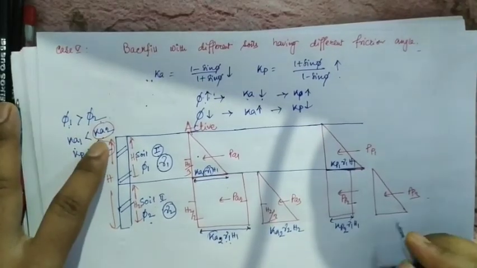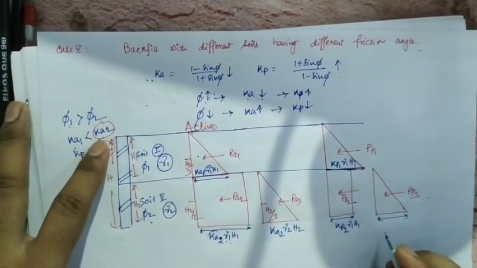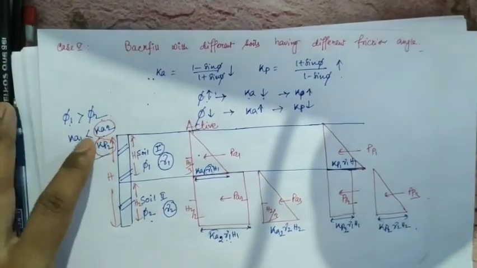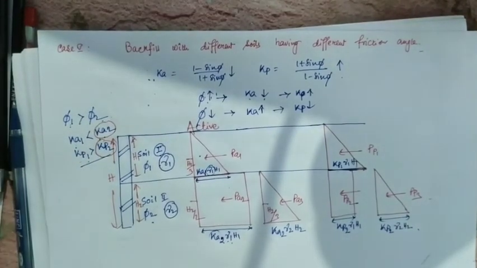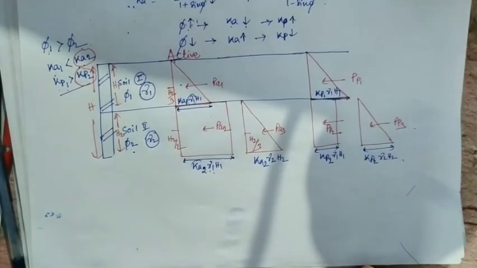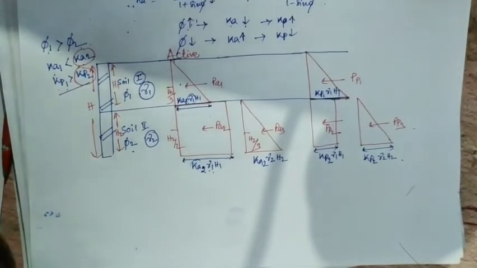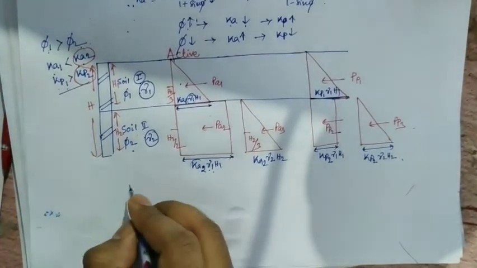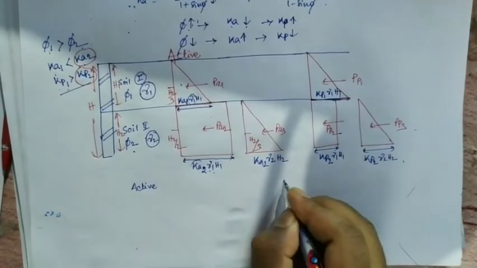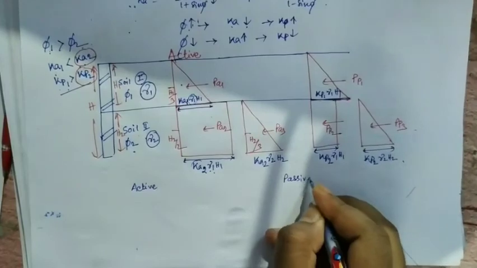Okay, and the last pressure will be Kp2 gamma 2 h2. So now look, it is active and it is passive.